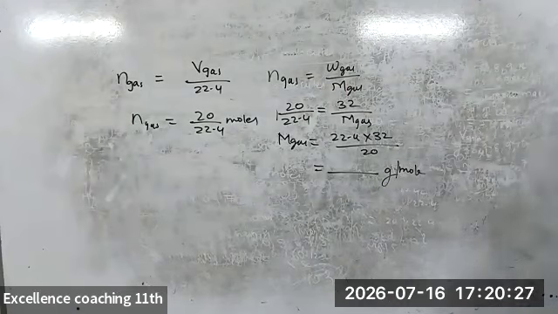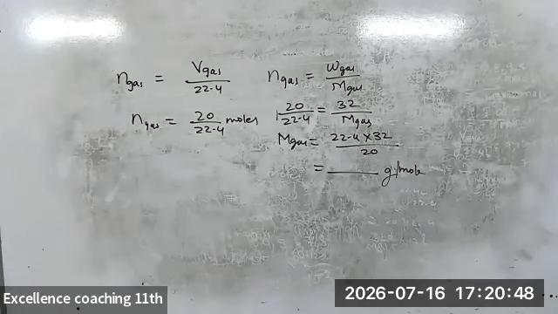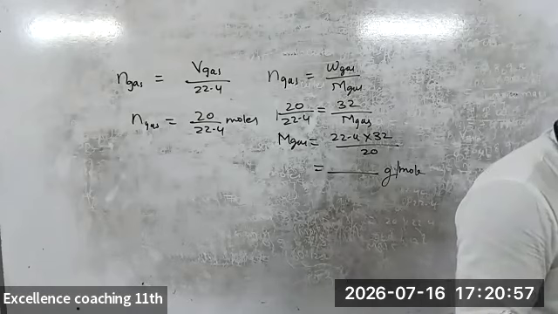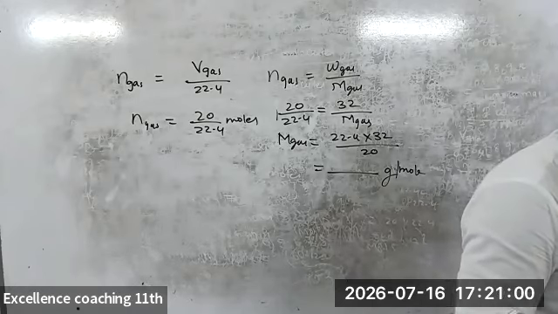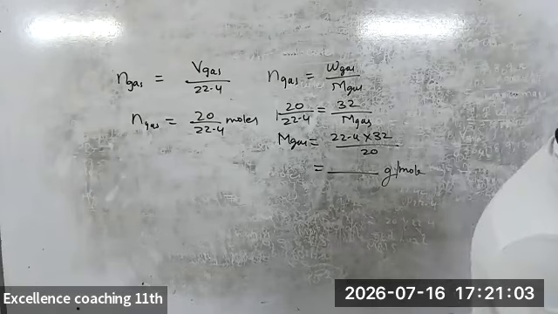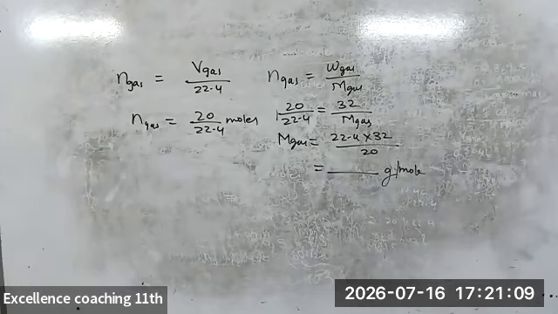How much? 40. Actually, this was 0.89, comes to 0.9.